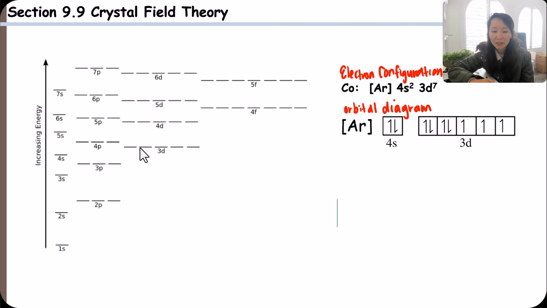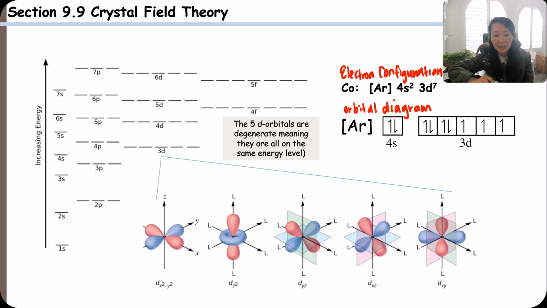And all these little lines, what do those lines represent? Well, those lines represent individual different types of orbital shape, and I'll show you those shapes in a moment. But what I want you to see is that all of these 5 orbitals are degenerate, meaning that they are all at the same energy level. This one, this one, this one, this one, this one, all representing the shapes of these orbitals.